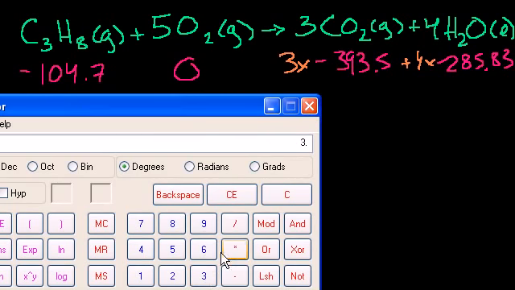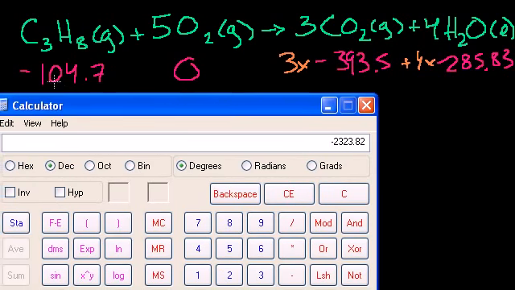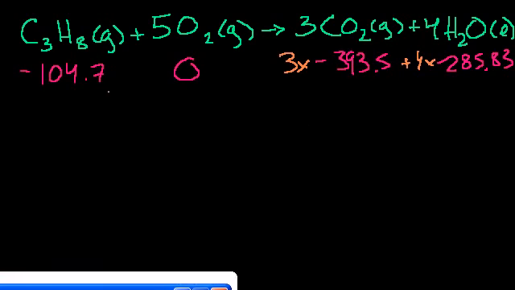We get 3 times minus 393.5, plus 4 times minus 285.83, which is equal to minus 2,300 kilojoules roughly. And then we have to subtract out 1 times this, or we could just add 104.7. So plus 104.7 is equal to minus 2,200.